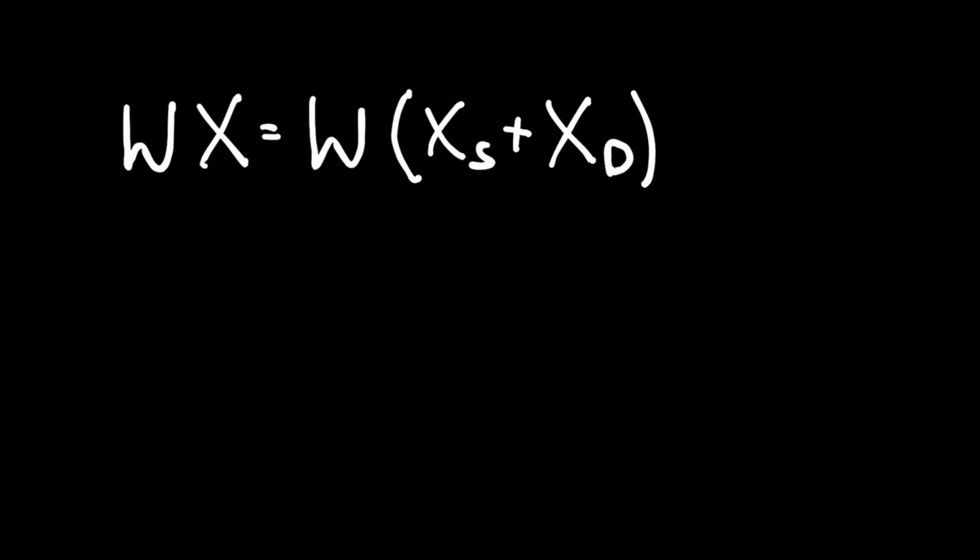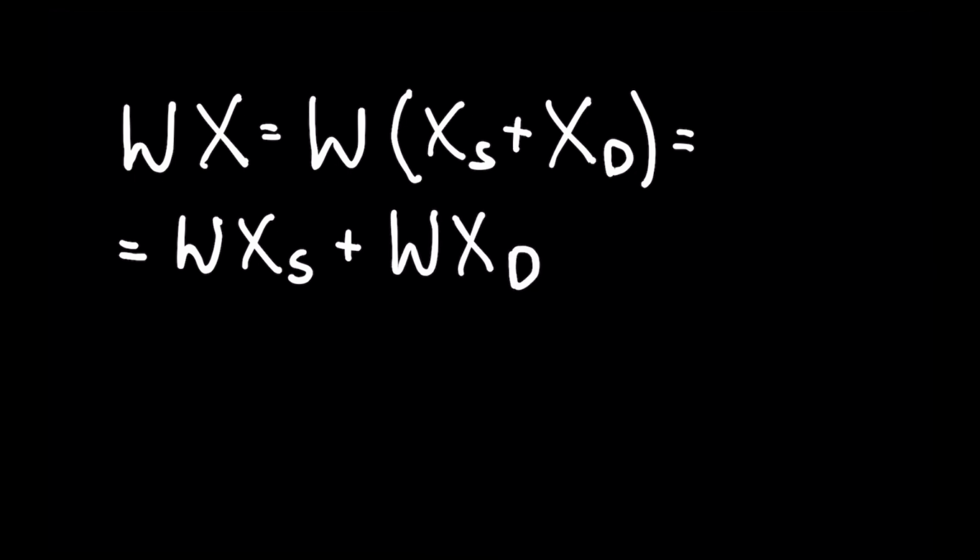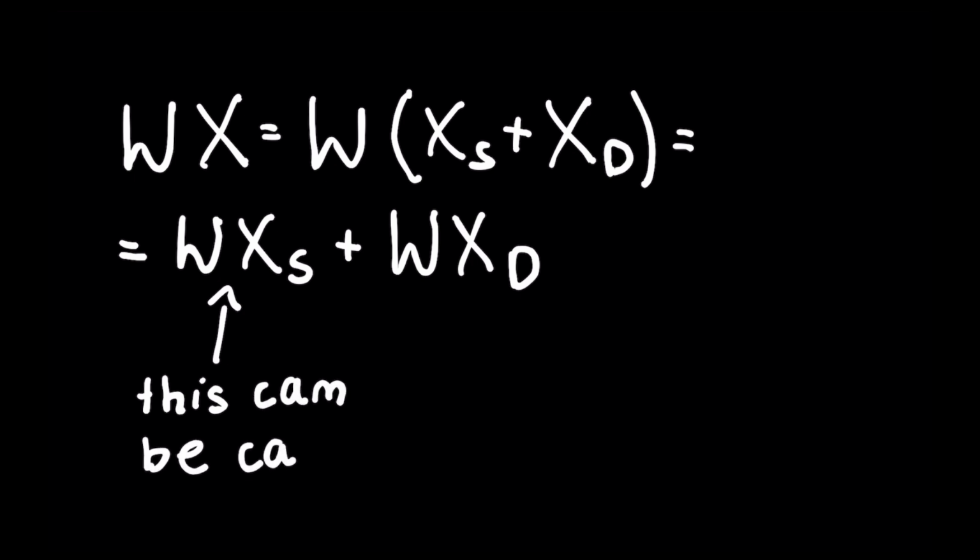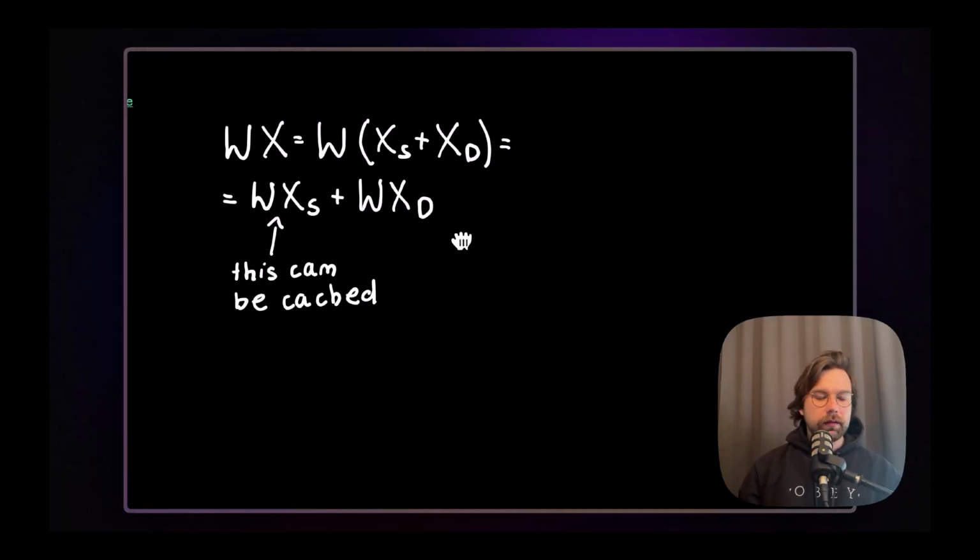And then we have the dynamic part of the input. So something that is true only during this request, something that the user wants, something that the user asks about. If we then transform this equation, we can see that we can write it as weights multiplied by XS plus weights multiplied by XD. And since both weights and XS don't change during inference, we can cache this and put it in the cache and then load this from disk only when it's needed in certain layer, right?